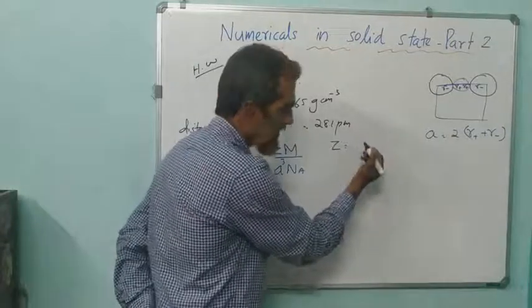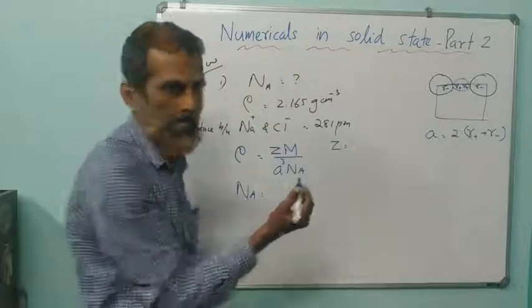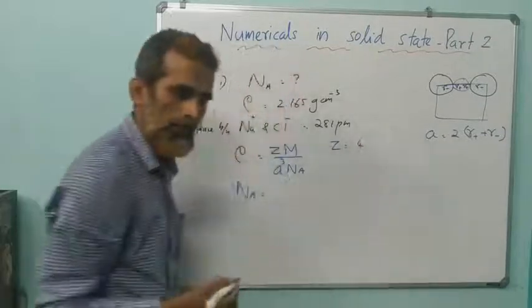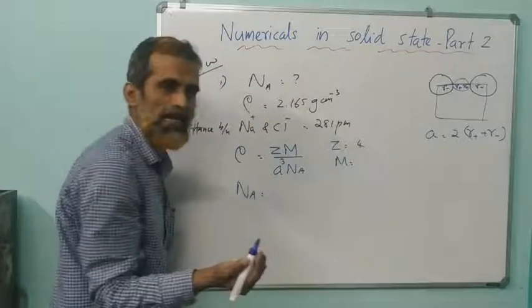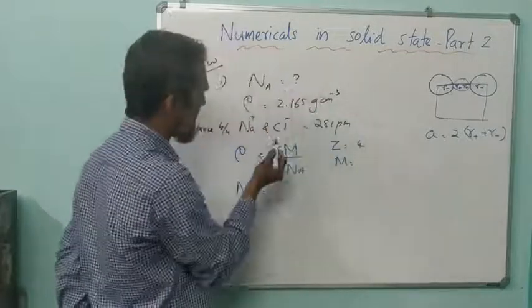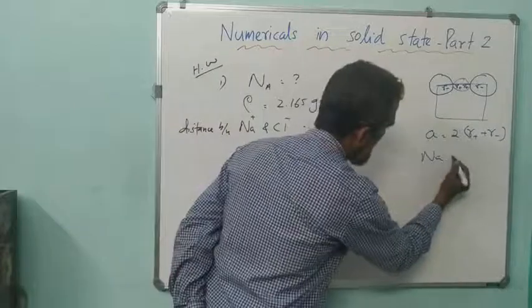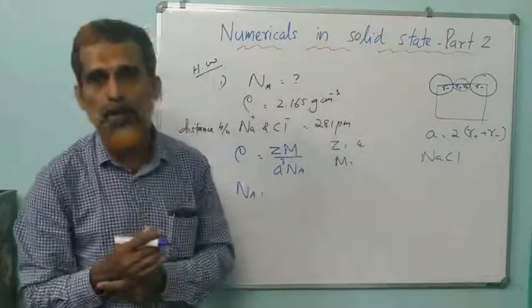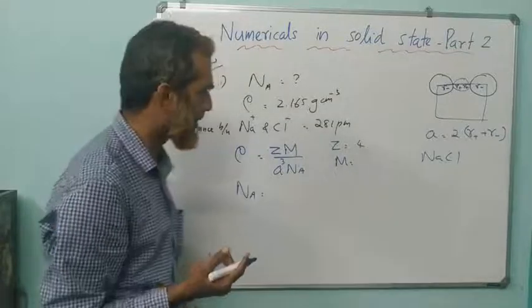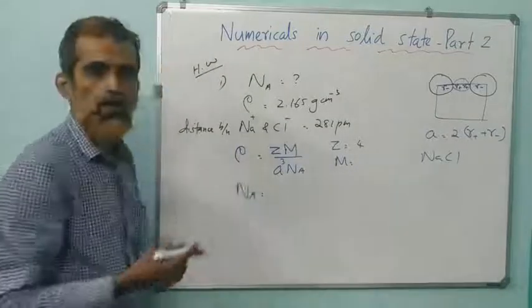That we have already learned. Effectively there are 4 NaCl units, so Z equals 4. Then what else is required? The molar mass of sodium chloride you can easily get by adding the atomic masses. Sodium is 23 and chlorine is 35.5, so you get 58.5 gram per mole. So you can work it out.